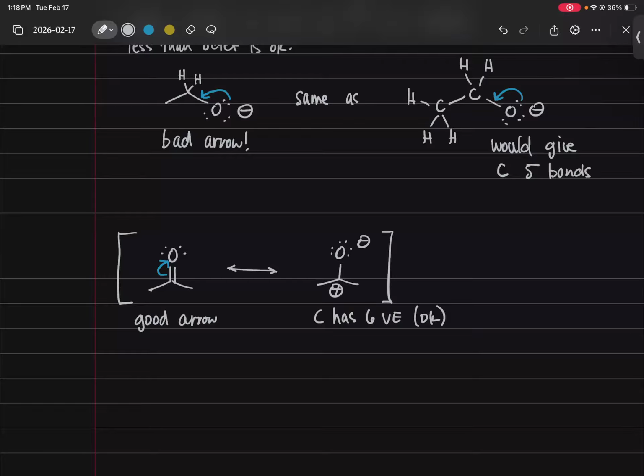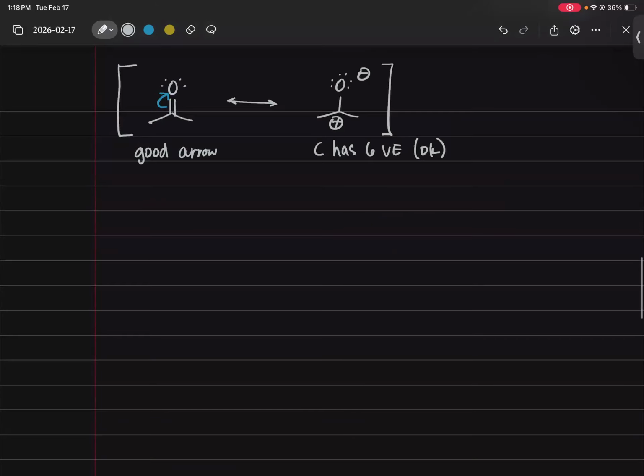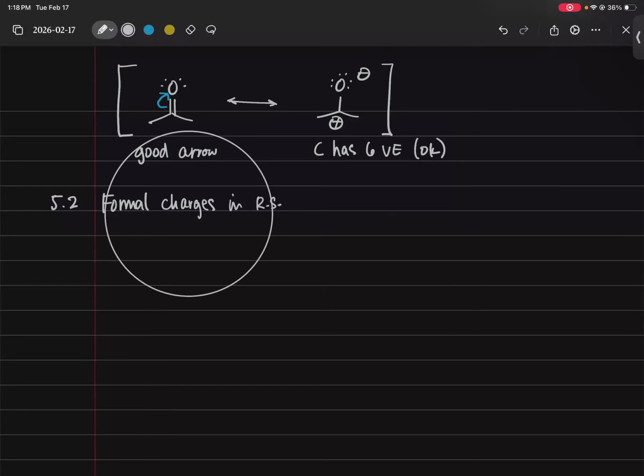Now, another thing that I kind of glossed over was the formal charges. This shouldn't really be anything new, because you should know how to do formal charges.